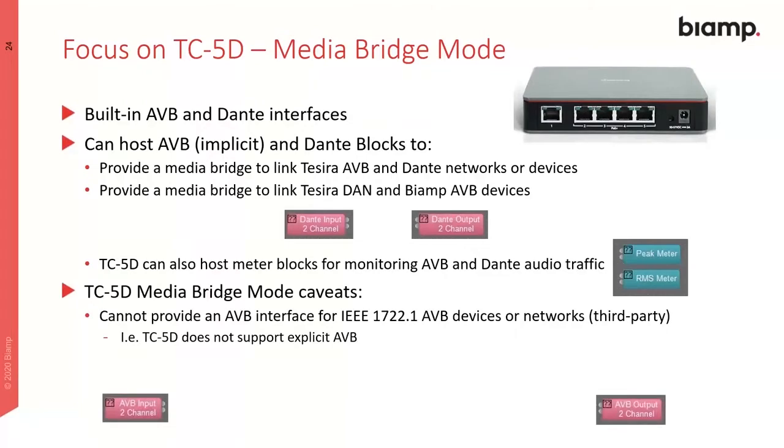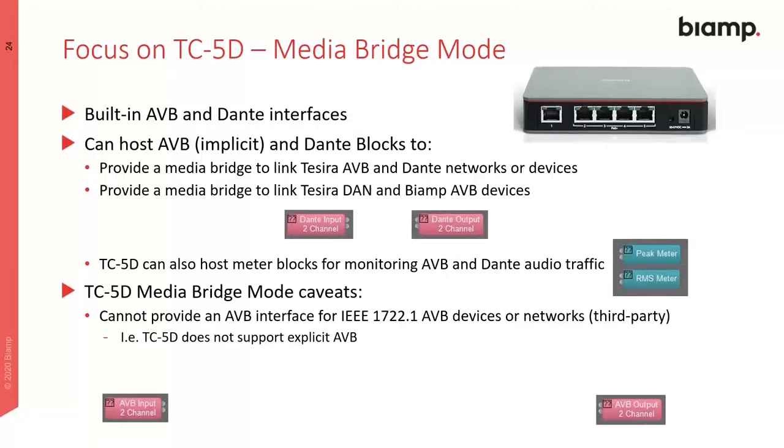Okay, so jumping into the TC5D media bridge mode, we cannot provide an AVB interface for, for example, third-party AVB devices. So if you have a third-party AVB device, which supports the IEEE 1722.1 standard for third-party networks, TC5D does not support explicit AVB, because anytime you have AVB devices from Biamp, you will not need any explicit blocks.